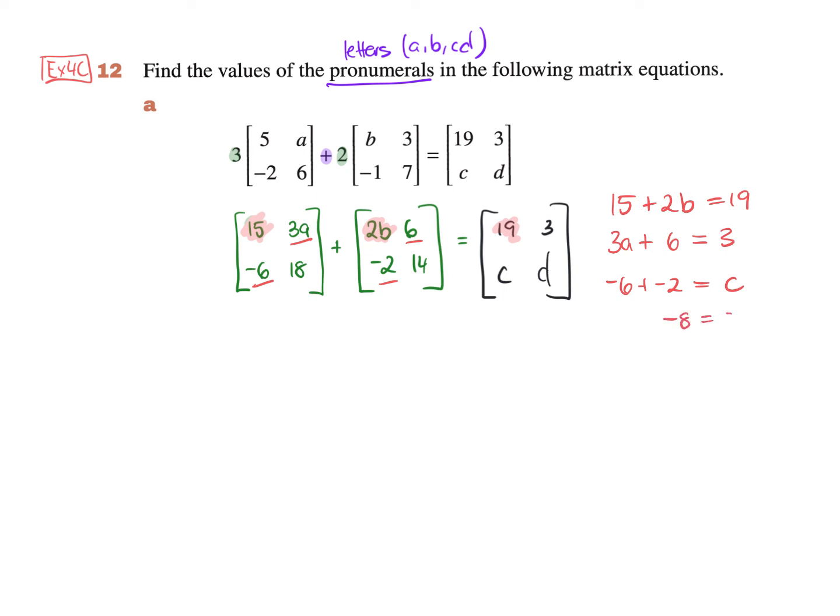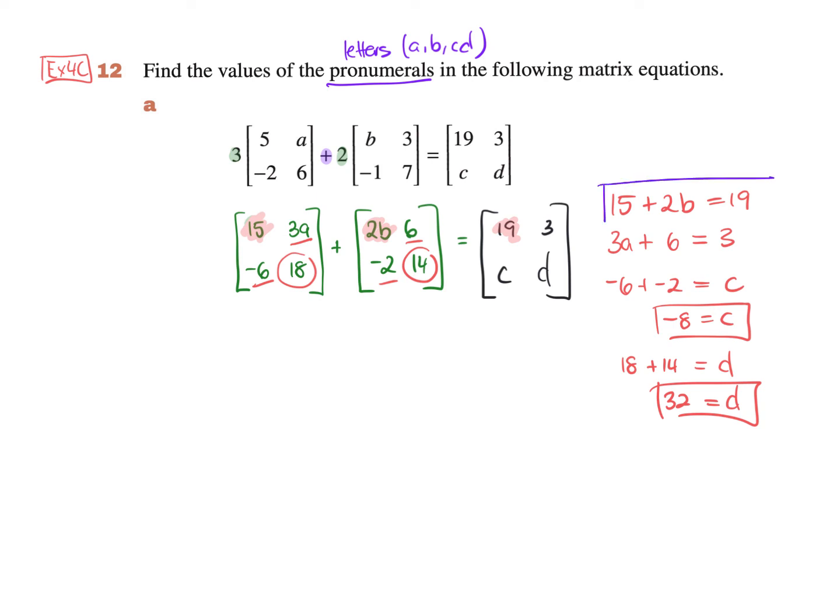Negative 8? Yeah, you could already see that one. And what would D equal? 32. You add those two together, wouldn't it? It'd be 18 plus 14 equals D. So we've got 32 equals D. Now that we've got C and D, we still need to find these two.